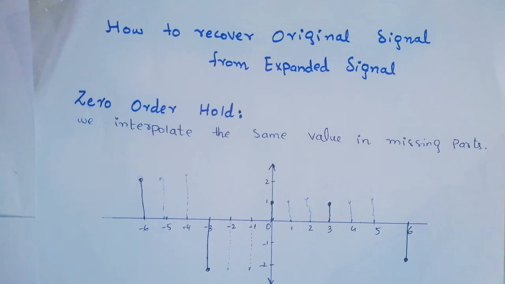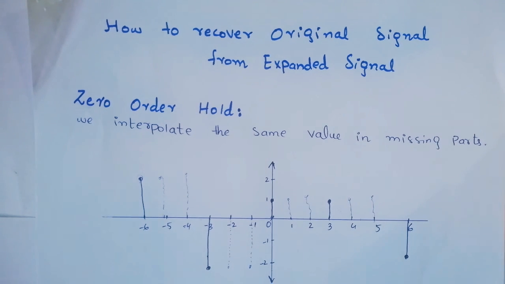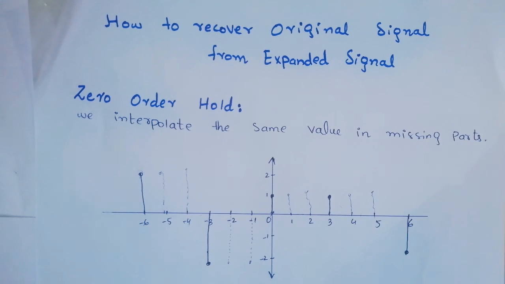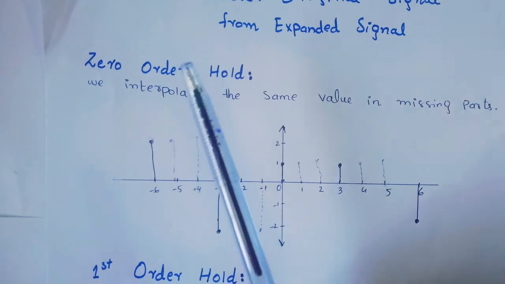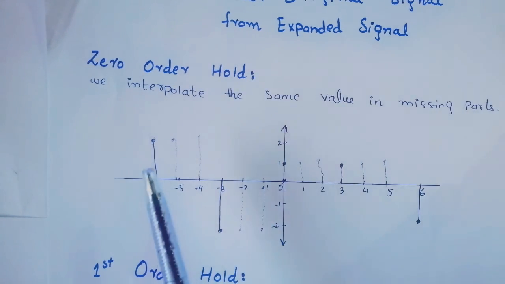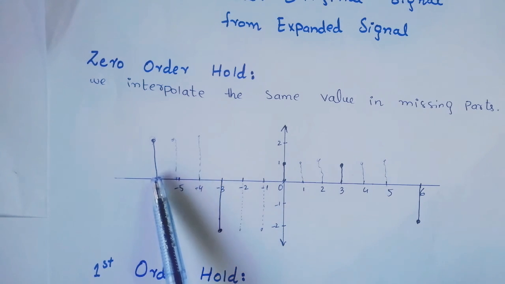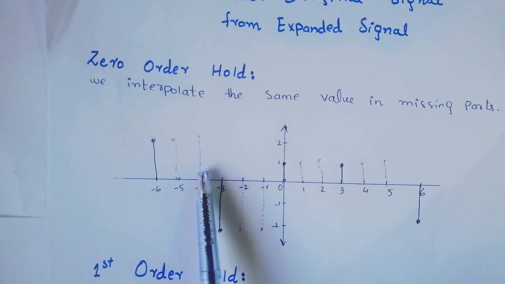Now a question arises whether we can recover our expanded signal or not. There are some methods, algorithms, which we use for recovering our expanded signal. First of all we use zero order hold. In zero order hold, we assume the same values in the missing parts.